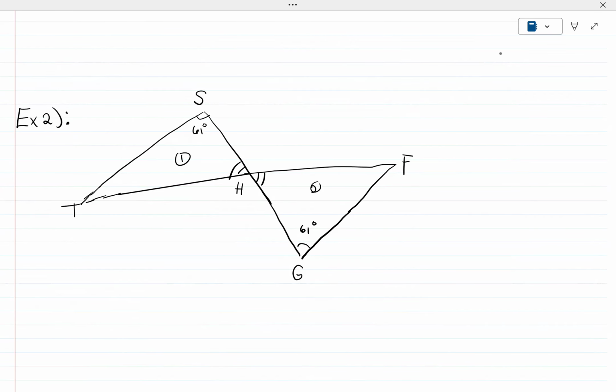As long as there are two congruent angles, I'm going to say yes, and the reason is the angle-angle similarity. So you could say triangle TSH is similar to triangle FGH.